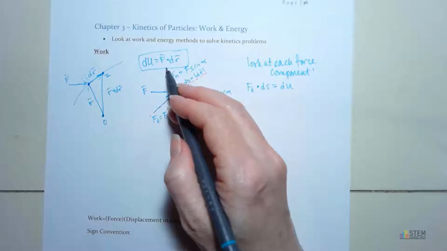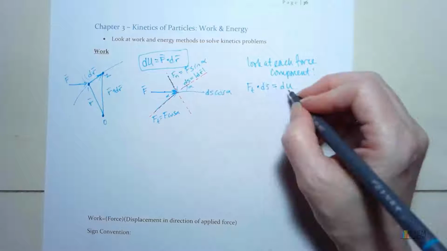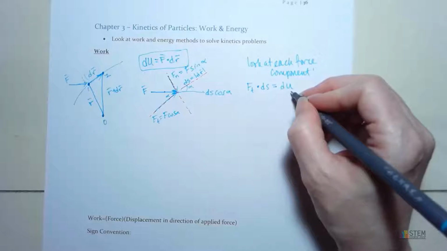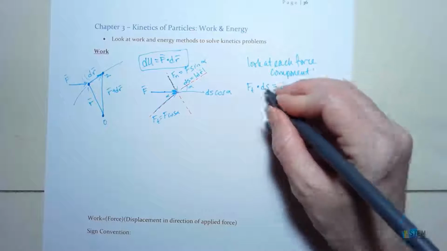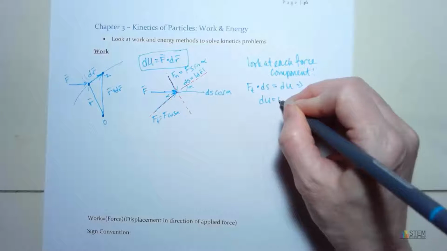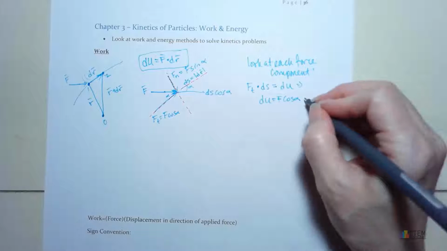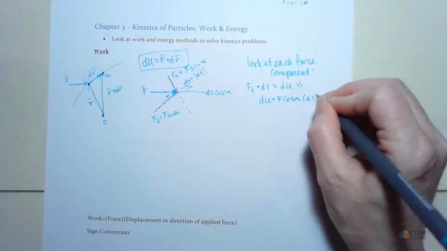All right, because look up here, we've got the work equals a force dotted with some distance. Okay, so we've got dU here. Now, if I plug in my equation for Ft, I'm going to have dU equals F cosine alpha, which is from right here, times ds.